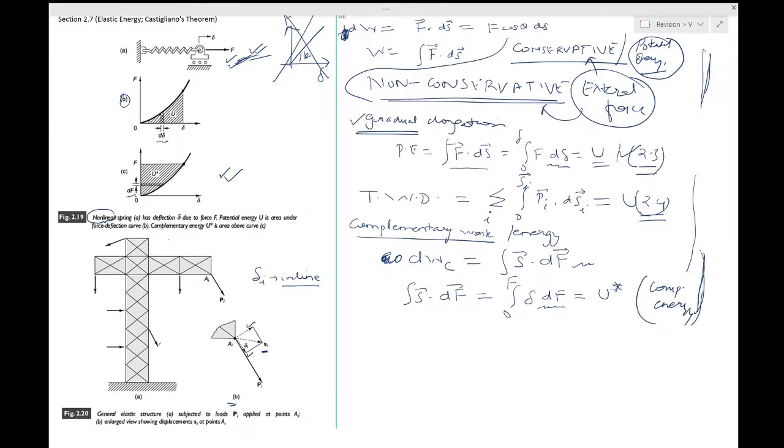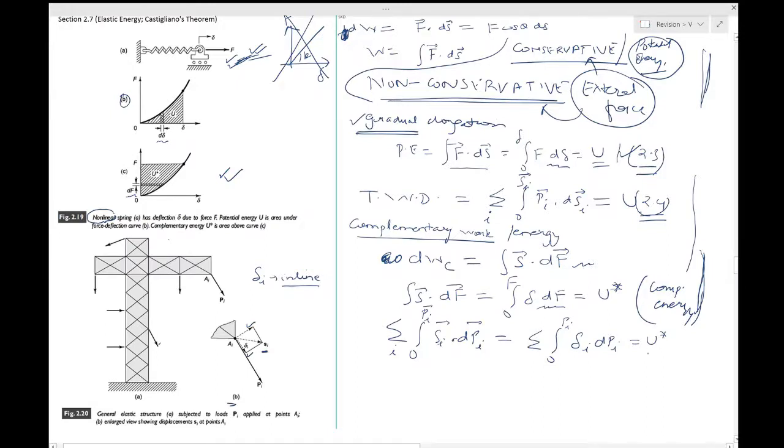Just like the previous case, you take all the i's, go from 0 to P i, delta i dot dP i, this is equal to the summation from 0 to P i of delta I dP i, equal to U star. Okay, so this is stored by all the internal elastic members of this system, and it's the complementary energy shown by this U star symbol.